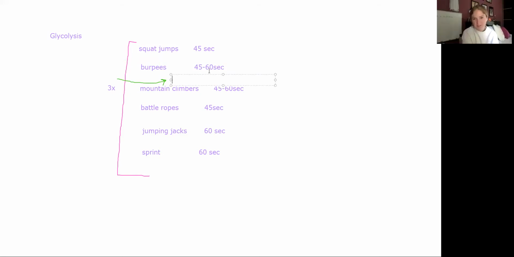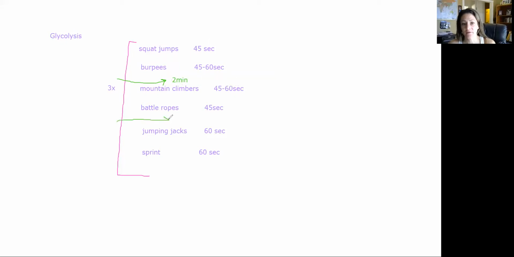Not very long. I'm trying to remember the workout we did with you that one morning. Anybody can chime in here. How long do you want this rest to be? 2 minutes. 2 minutes? Okay, so this is approximately 90 seconds of work, 2 minutes rest, and then you want the same rest here. Is that right? Yes?